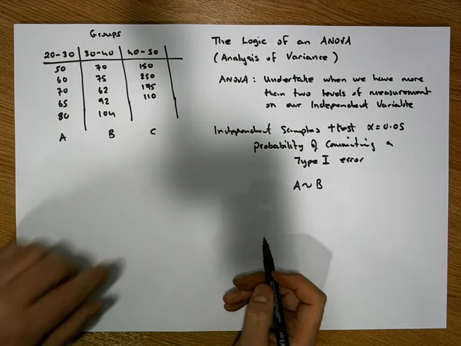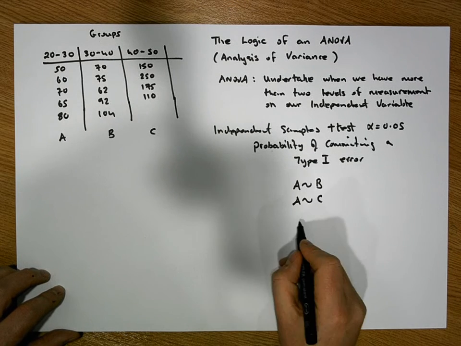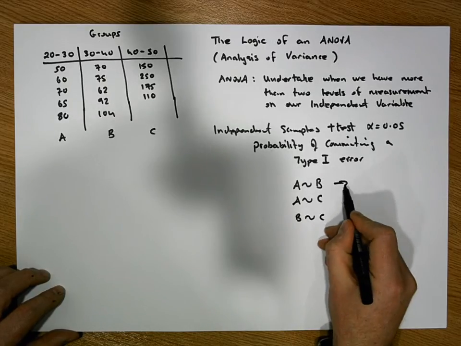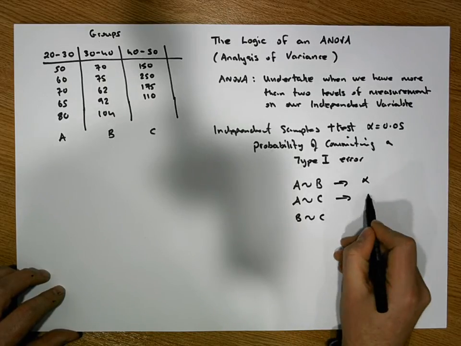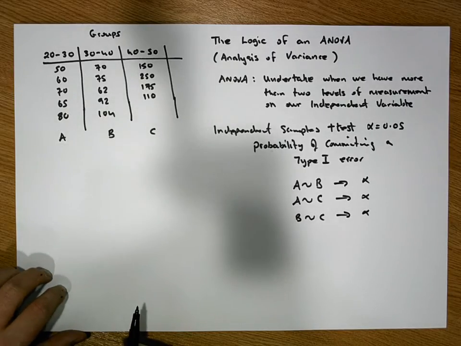We could compare A against C, or B against C, each one having an alpha value associated with the test itself.